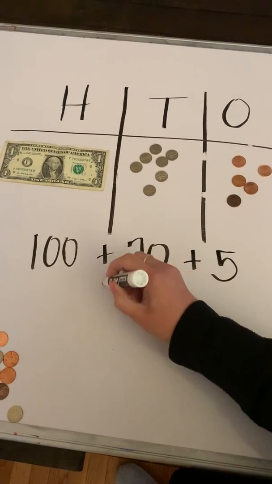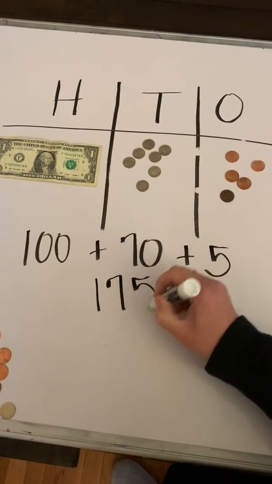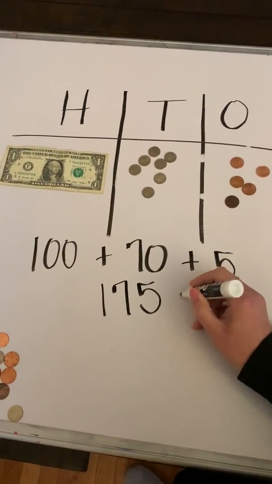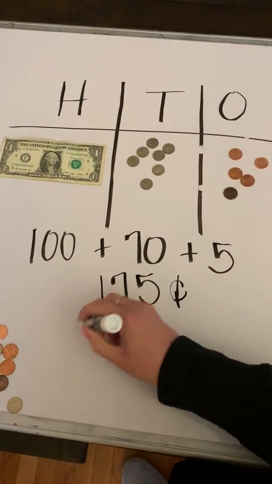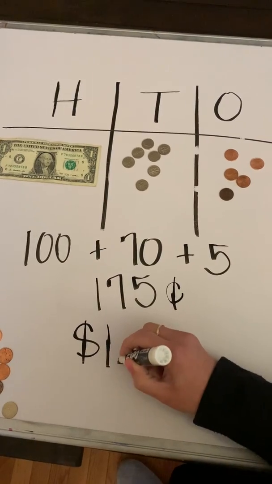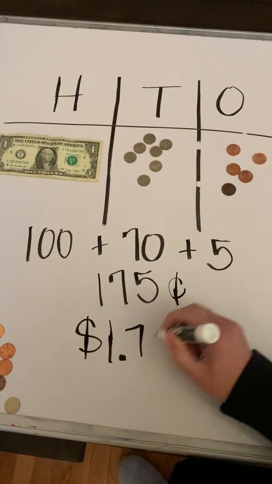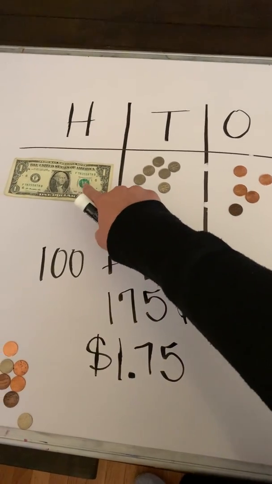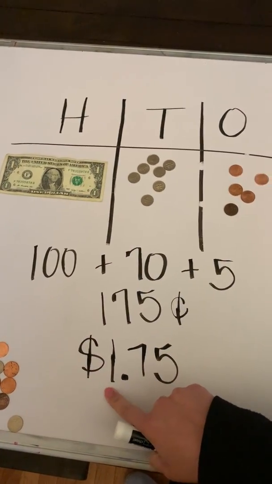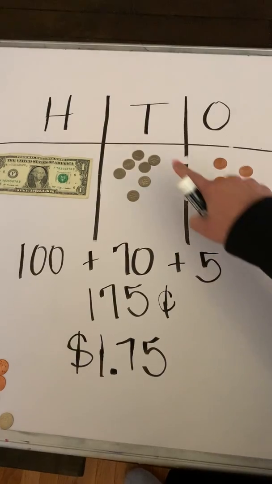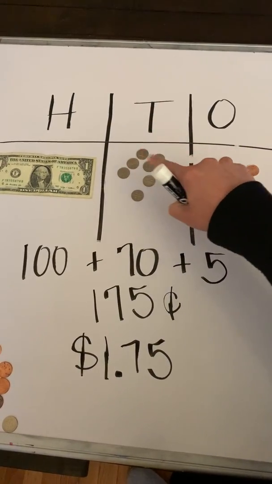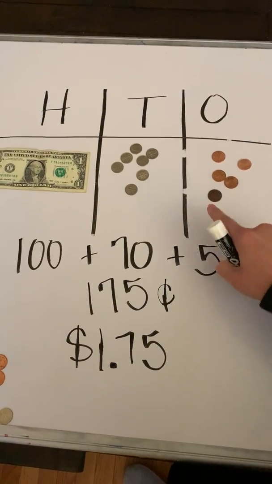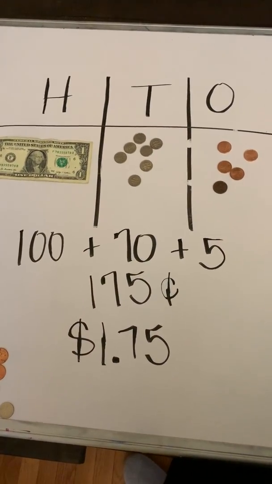When we put it together, it's 175. But this is money, so it's 175 cents, which is the same as $1.75. 10, 20, 30, 40, 50, 60, 70, 71, 72, 73, 74, 75. Cool.